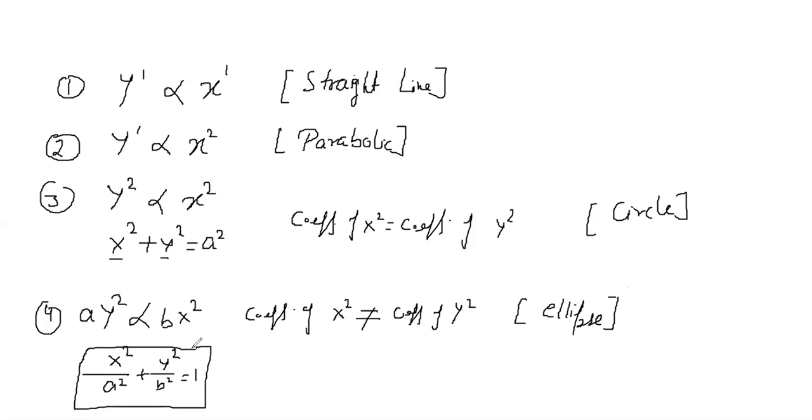This is the equation of an ellipse. You can learn these things in mathematics, conic sections. So the path of the projectile is parabolic, which is clear to all of you.